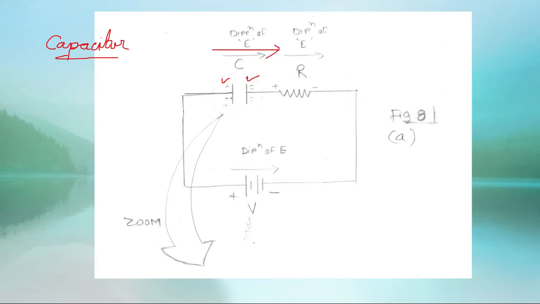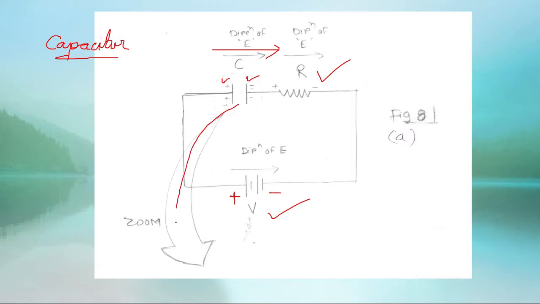If it is a resistor, it will also travel from positive to negative. A voltage source also has one positive terminal and one negative terminal, so the electric field intensity will again travel from positive to negative.